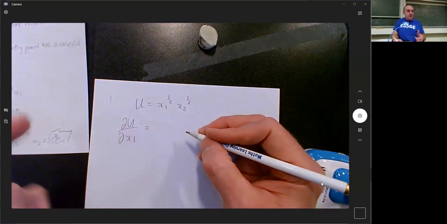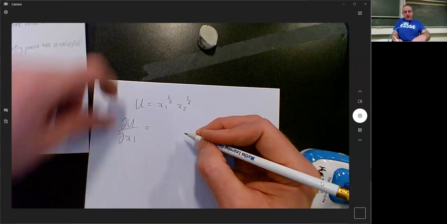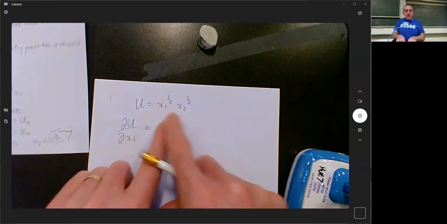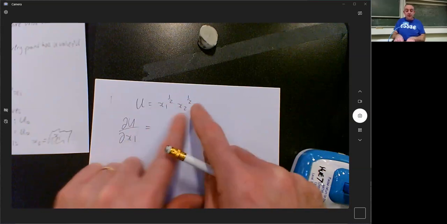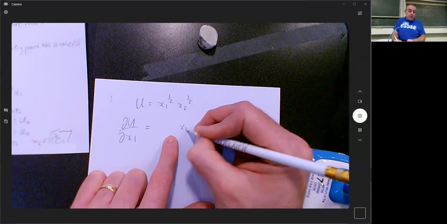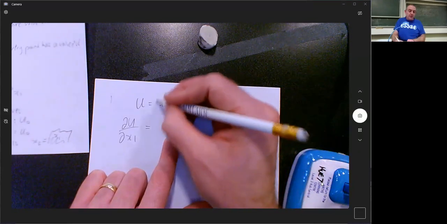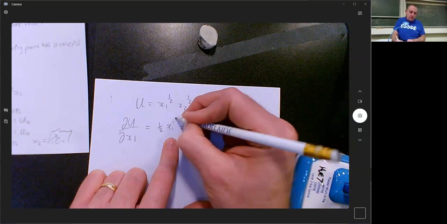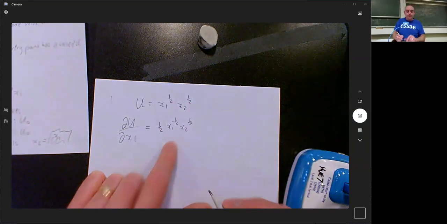I call it partial d u and partial d x1. So in this case, x1 is the variable, and x2 counts as a constant. So constants multiplied on will still be multiplied on afterwards, and then I'll have to multiply by the current exponent and make it go down by 1.